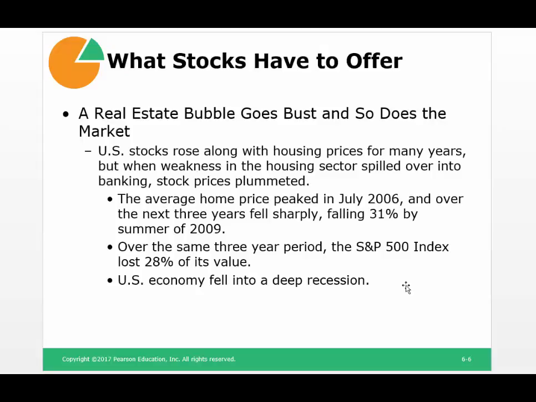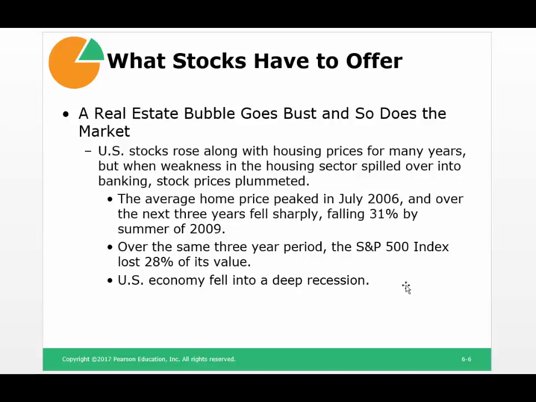What happens to real estate typically is what happens to the stock market. These two are very closely related to each other, mostly because the real estate market is directly tied to the economy. Whatever's happening in the economy obviously flows to the companies and therefore to the stocks of the companies. So we see obviously that home prices dropped dramatically in summer of 2009.